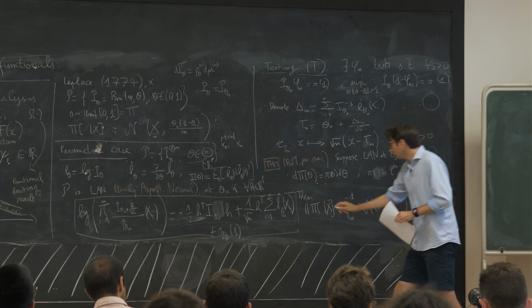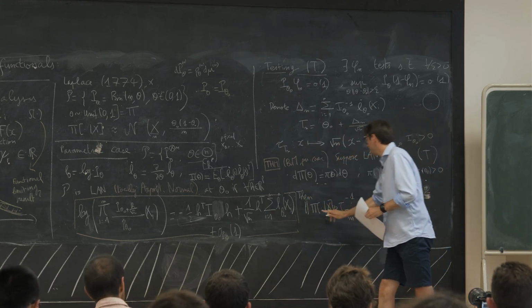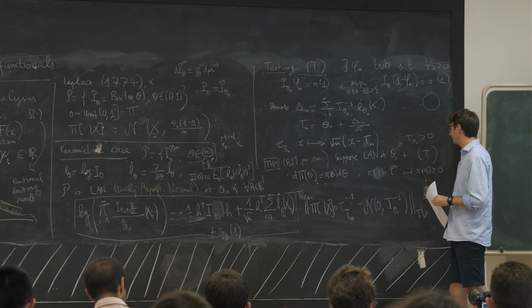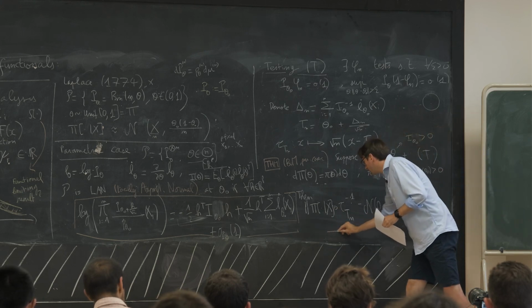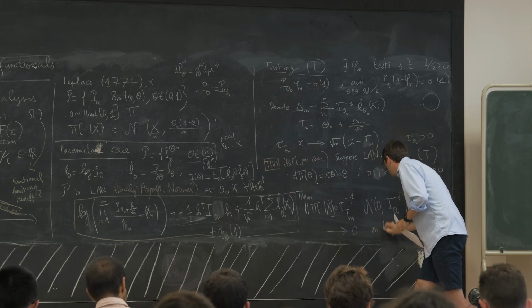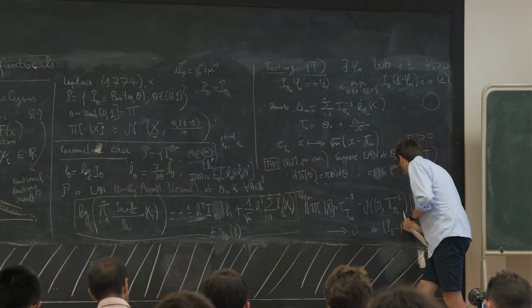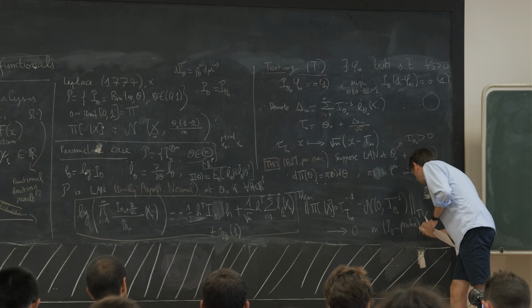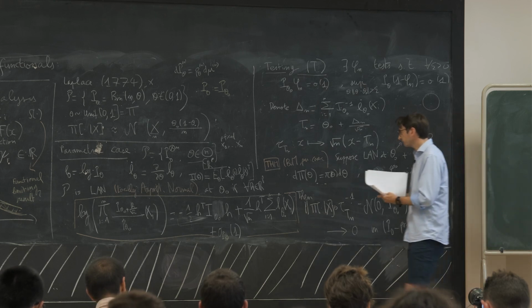So the total variation distance between the shifted and rescaled posterior and the Gaussian, the optimal Gaussian in the sense of efficiency, goes to 0 in P0 probability. This is still random because it depends on x, and it goes to 0 in P0 probability.